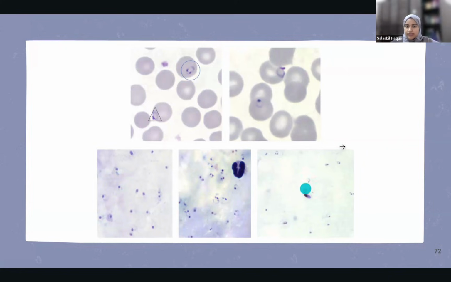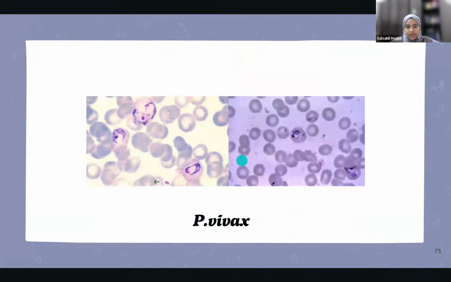So again, these are gametocytes. So this is Plasmodium vivax, okay? One thing about Plasmodium vivax is the presence of hypnozoites, right? Hypnozoites can stay dormant in the liver, and they require a very specific medication called primaquine to get rid of them.